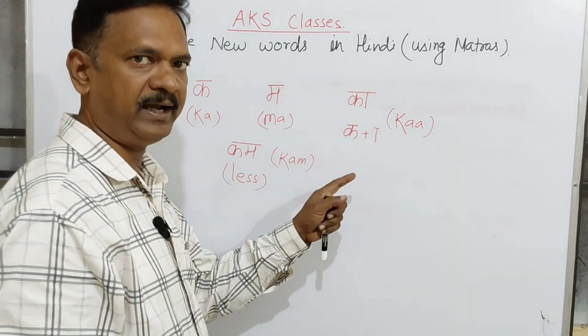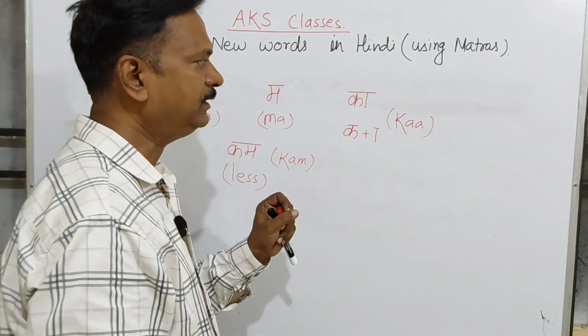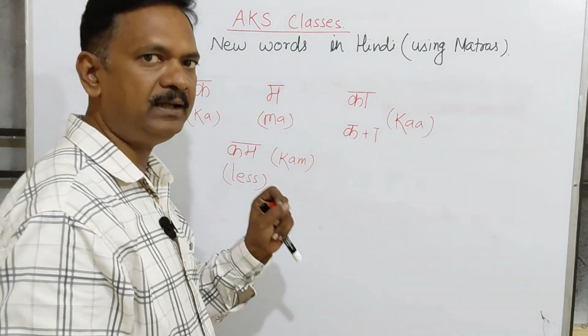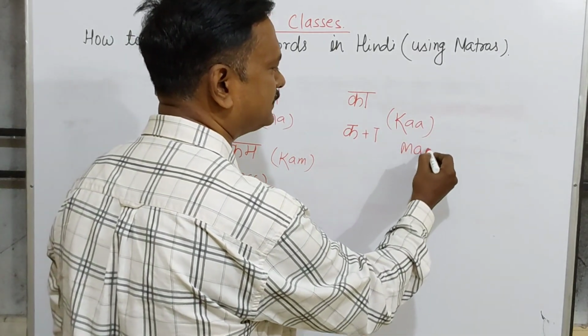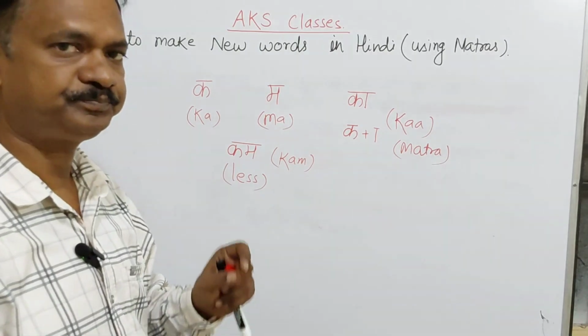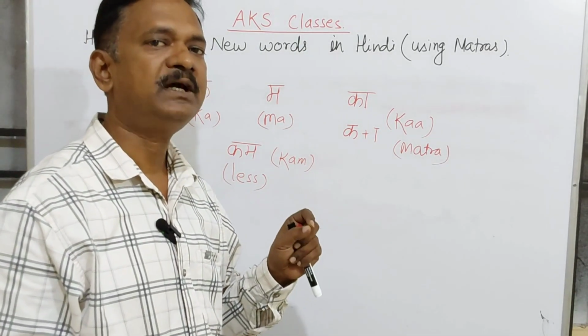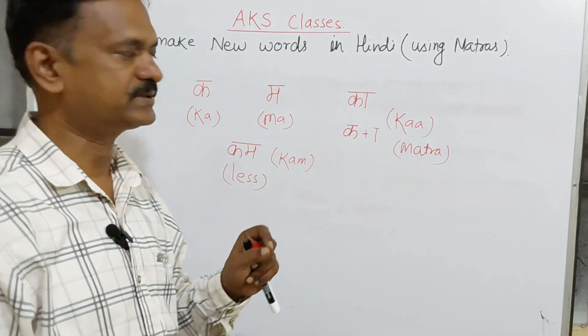This straight line is the symbol of a sound, and we call this in Hindi a matra. So what are matras? Matras are the different symbols which are used to represent vowel sounds.